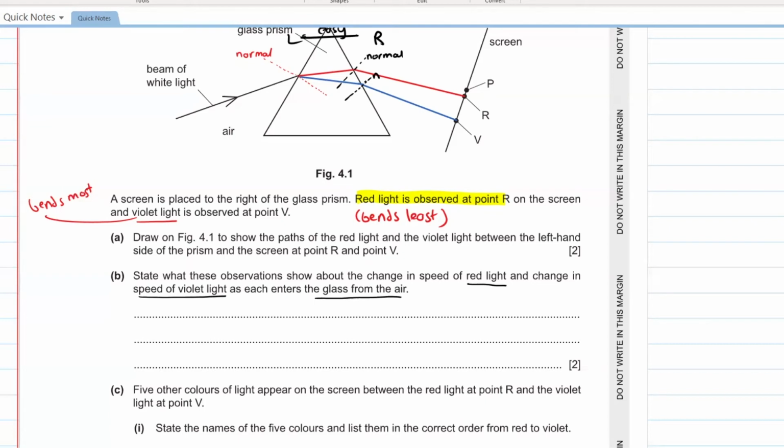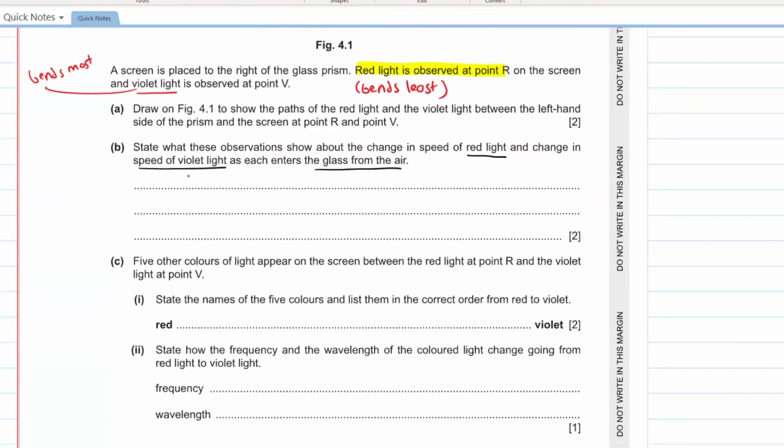So red light will travel faster in glass compared to violet. First of all, you need to understand, the first difference that you will say here is both red and violet light slow down in glass.